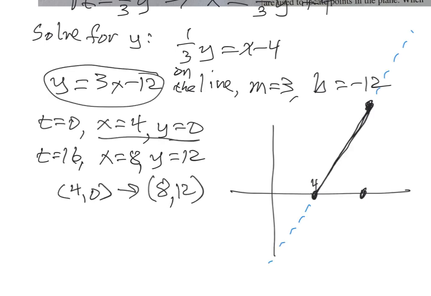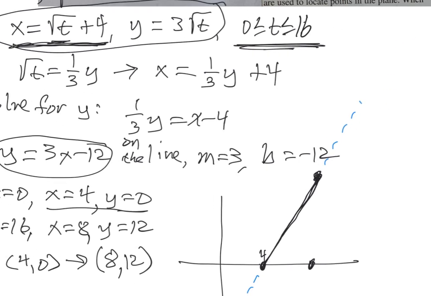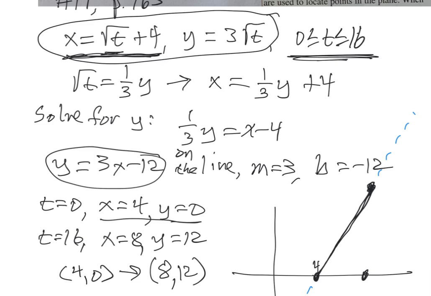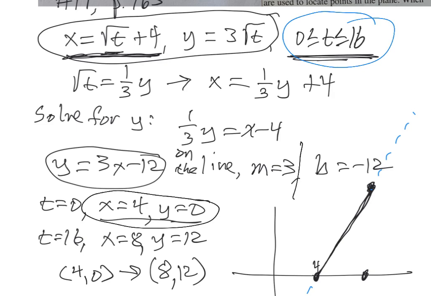But the curve that we've been given for these t values is this portion of the line, and we have the information here when t equals 0, the smallest t, we're at this point, and therefore the orientation is this direction. And there you have it.